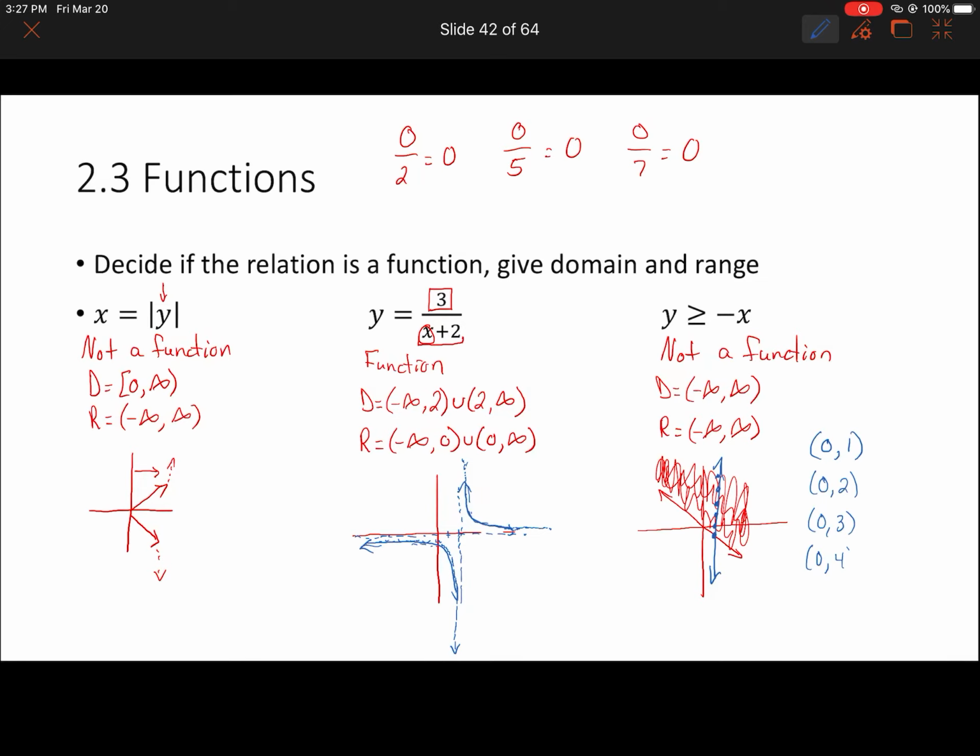That's less than 2. And this also is true, and this also is true, and so on. And you'll notice that all these x values get repeated. It's the same x value, and all of those are solutions to this inequality. And so because of that, you have an x value that's getting repeated. Therefore, it is not a function.